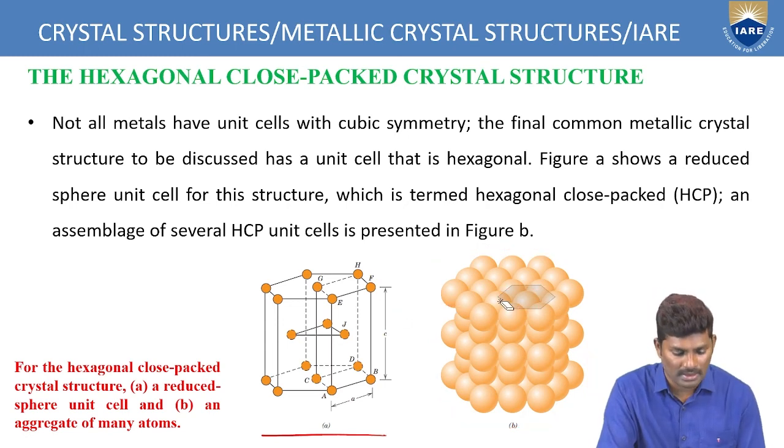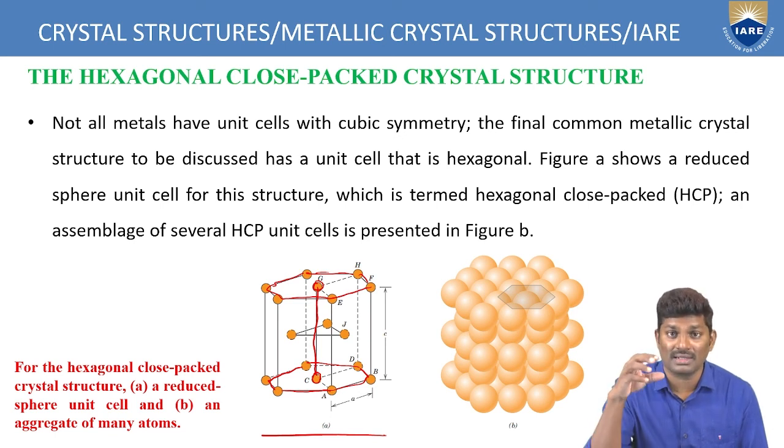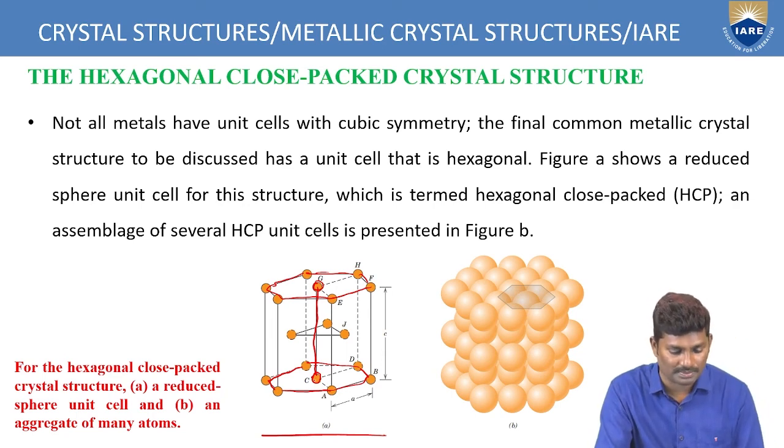Now you can see at the base you have 6 atoms and each is bonded with the others. And again at the top also you have 6, 3, 4, 5, 6, and again all are bonded to each other. Now if you observe closely, the atom exactly at the center of the hexagon on the top and bottom faces, these centers are bonded like this.